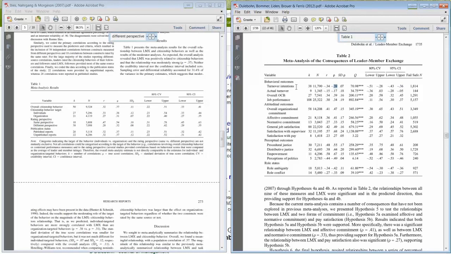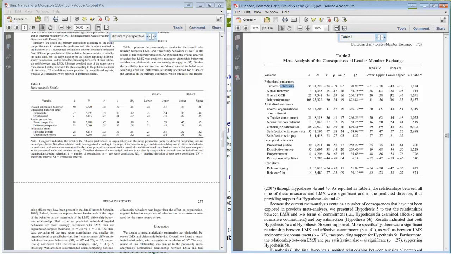But while it affects turnover intention, which is basically a perceived belief that I'm likely to consider leaving the organization, actual turnover, whether they actually leave or not, was indeed not substantive. So leader-member exchange doesn't affect whether people actually leave, only whether they might think about leaving.